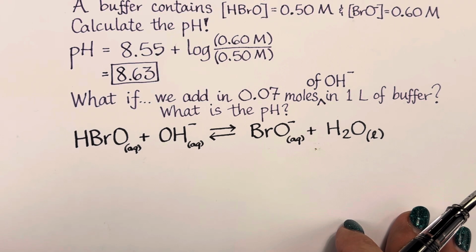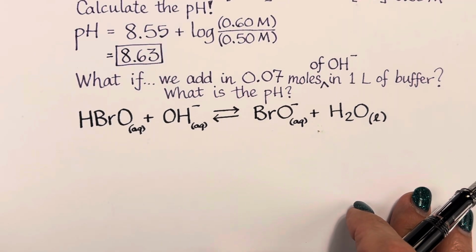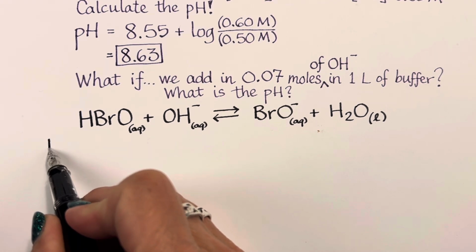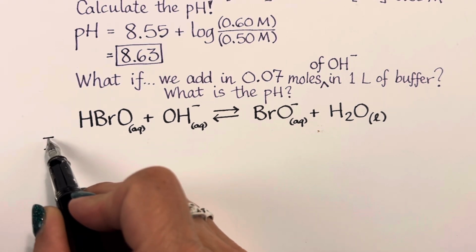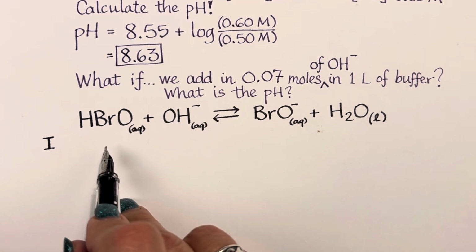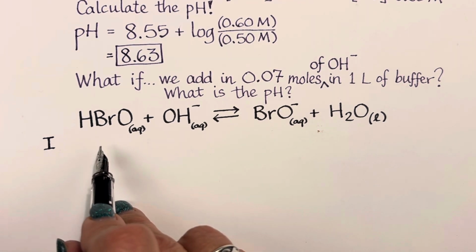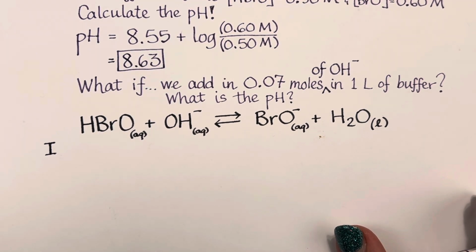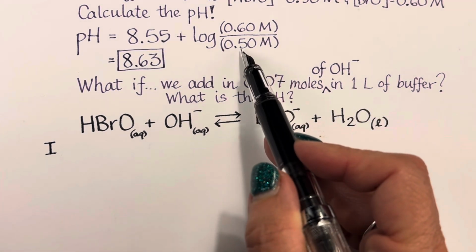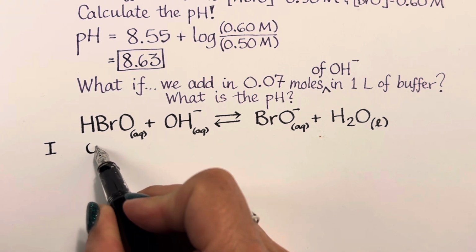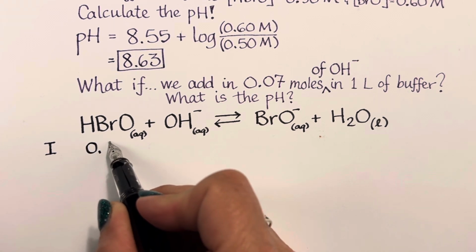And we are setting up what is called an ICE diagram. Okay, ICE, where I stands for initial. This is where we put in the initial concentrations of each of these components. So if you recall, we had 0.5 molar concentration of the weak acid in this buffer.